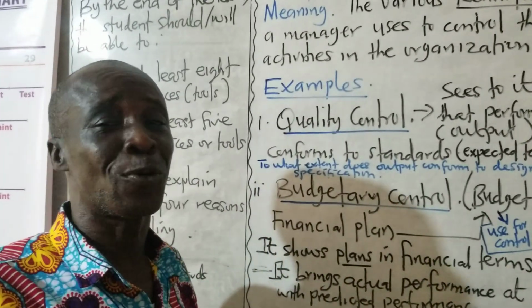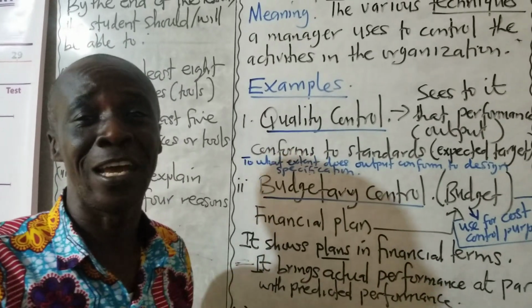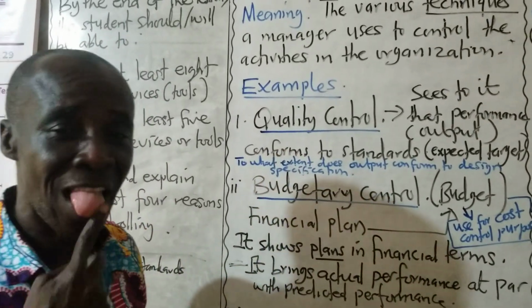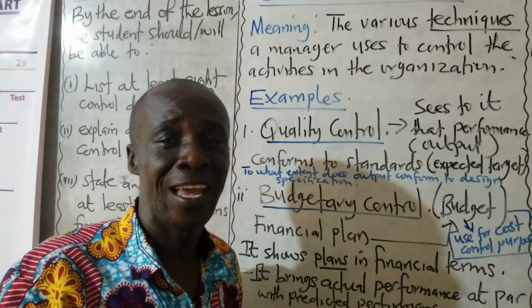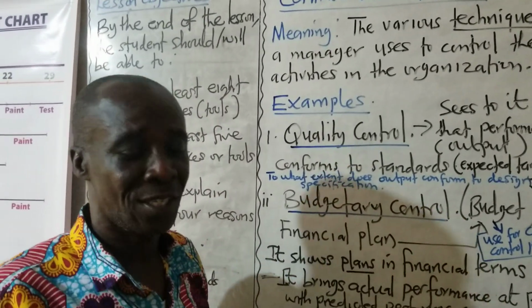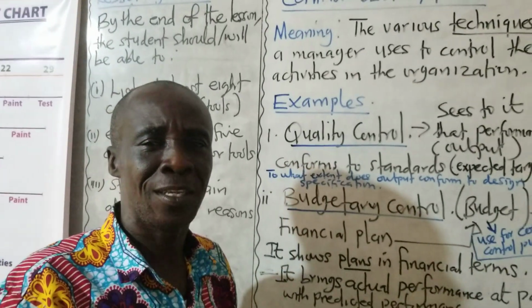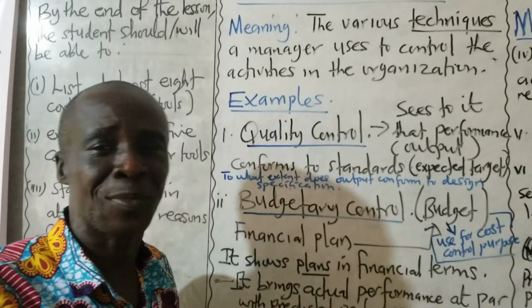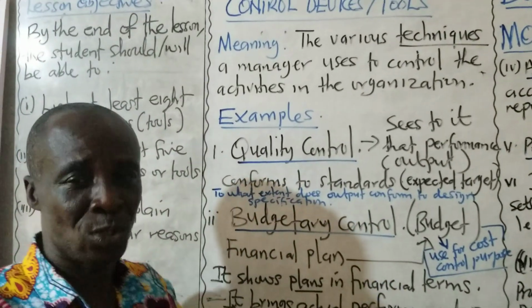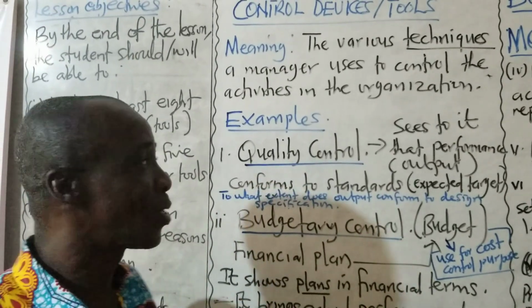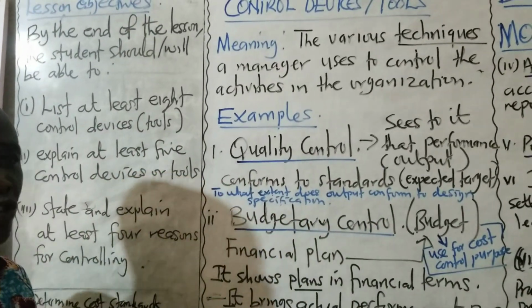For example, if your mother is preparing soup, she tastes it, and if there is less salt, she will add some. If there is too much salt, she does something to neutralize the salt content. So that is quality control.